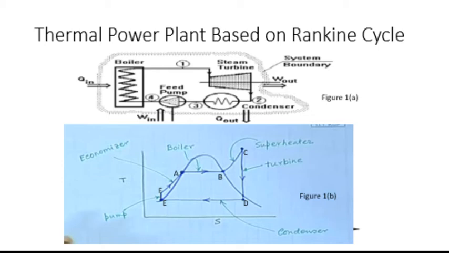Let's suppose you are standing at point A on this boundary. You can see the notation capital A. Comparing with the previous block diagram, point A means you are inside the boiler.